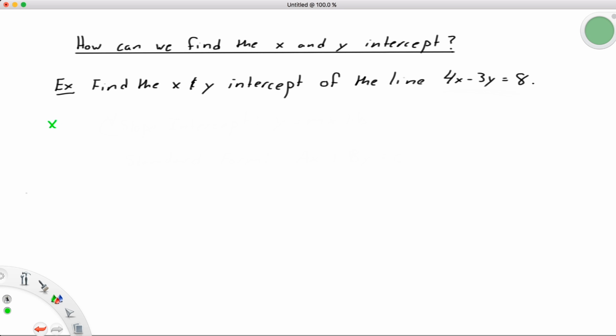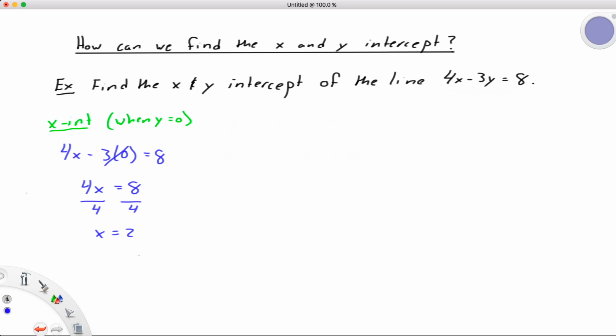We can work with our x-intercept first, remembering that this occurs when y is equal to 0. So we set y equal to 0 in our equation, which gives us 4x minus 3 times 0 equals 8. 3 times 0 is of course 0, and so we have 4x equals 8. When we divide both sides by 4, this gives us x equals 2. And so our x-intercept is going to be the point (2, 0).